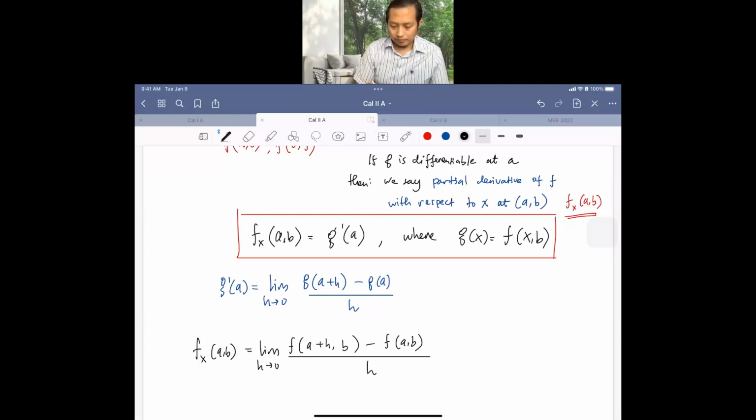You will see that the y is constant. We are only having a plus h, which means only x has a variable.